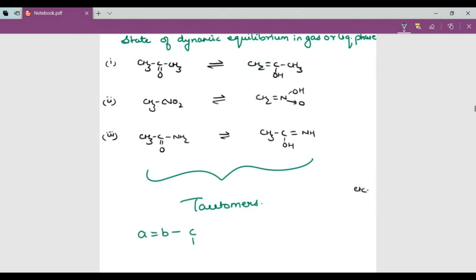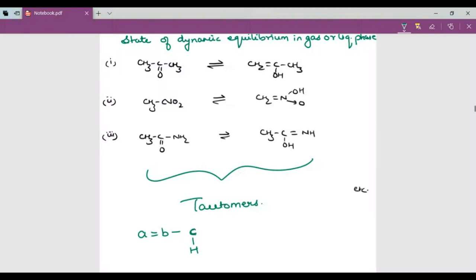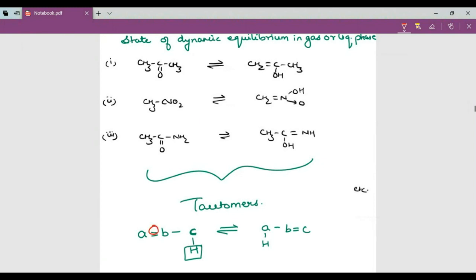I would like you to pay attention to this general system of tautomerism. A double bond B, single bond C. C here is not carbon, just a variable atom I want to take, and is connected to H, and then A single bond C double bond B... I mean AC connected to H, B double bond C. Okay, so there is a shuttling of this pi bond and H. If this H goes here, the bond comes here.